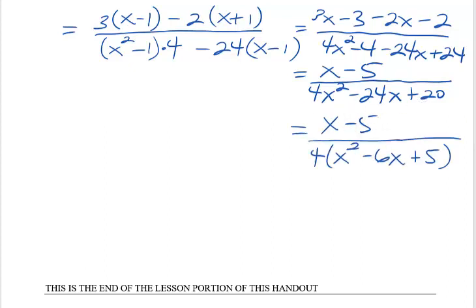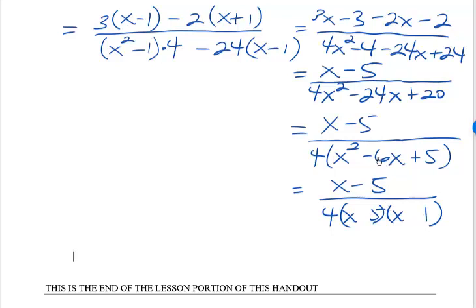And then the bottom part keeps going. It's a trinomial. The numbers look pretty small. I think I can do reverse FOIL. I mean, it's got to be x and x here. The only way to make 5 would be 5 and 1. And the only way to make that minus 6x in the middle would be to use two negatives. Negative 5x and negative 1x makes negative 6x.